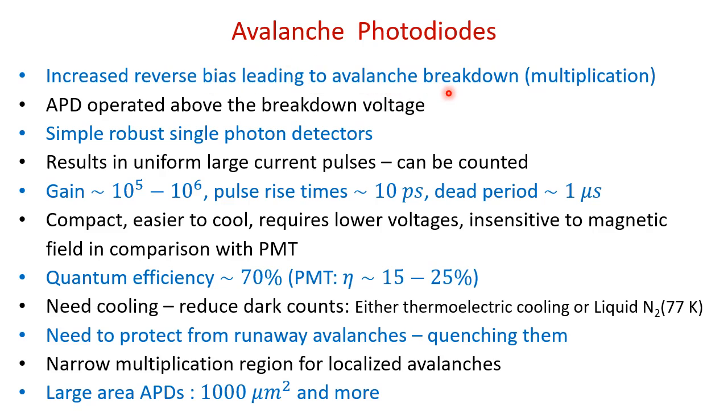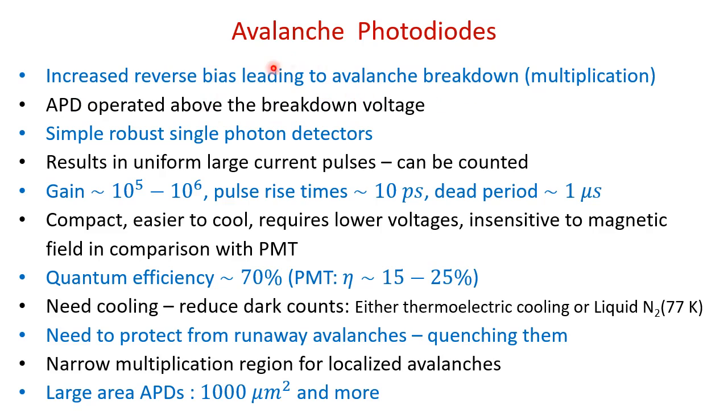So there is a certain voltage above which the avalanche breakdown or the multiplication would happen. The APDs are operated above that breakdown voltage. Below that they are more like the PIN junction, not like the usual PN junction, but they need to be operated for multiplication.